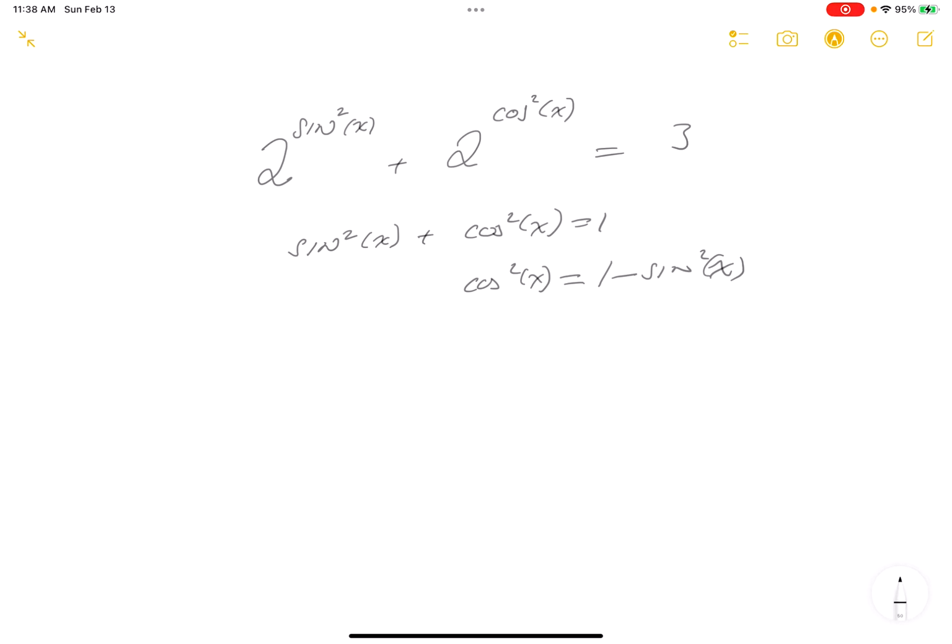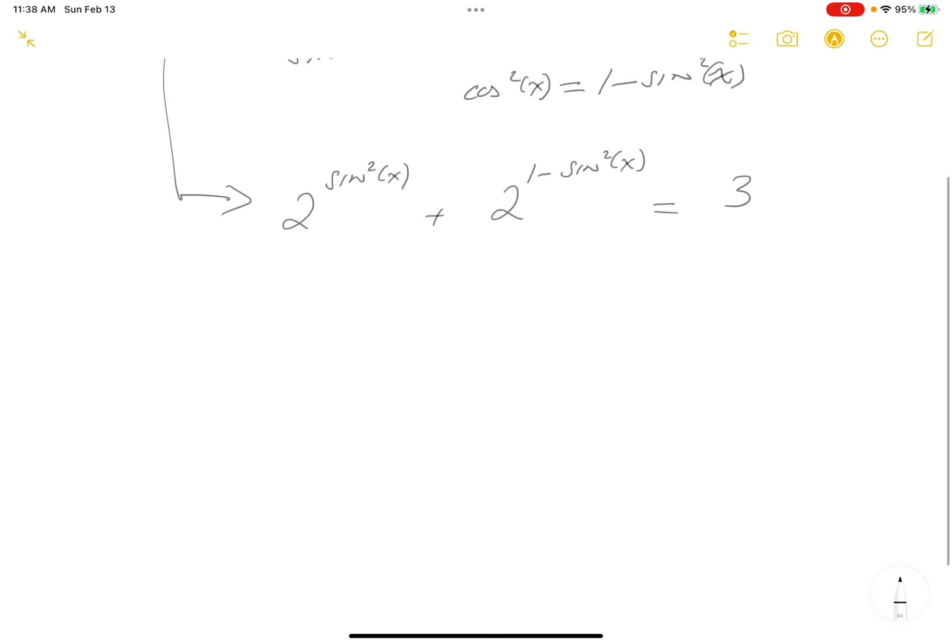That's not so bad. So what I'm going to do is take the equation, and I'll put that down for you. So 2 to the sine squared x plus 2 to the, now, instead of cosine squared, I can put down 1 minus sine squared x, and that equals the number 3. Now, I'm going to use rules of exponents, and I get 2 to the sine squared x plus 2 over 2 to the sine squared x equals 3.